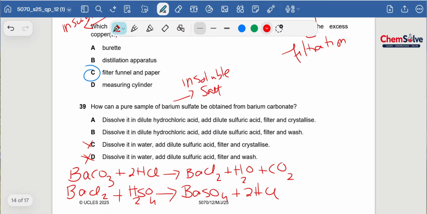As BaSO4 is the insoluble salt, it will not be crystallized. We will dilute it with HCl, then with the sulfuric acid, filter, and then wash. So B is the correct option.